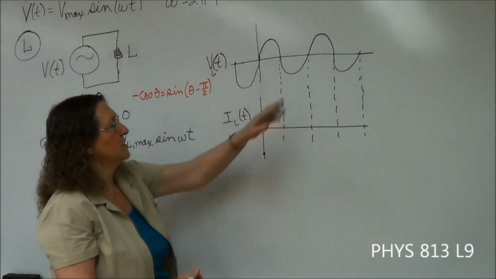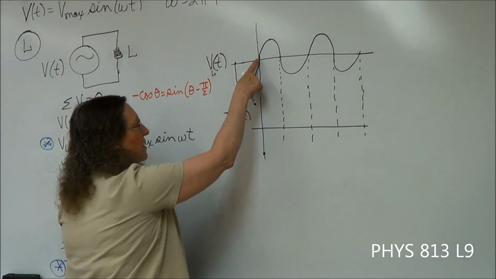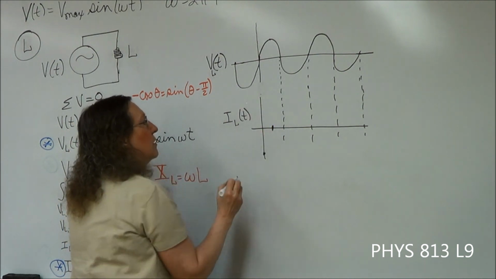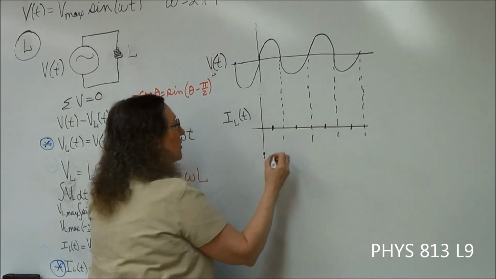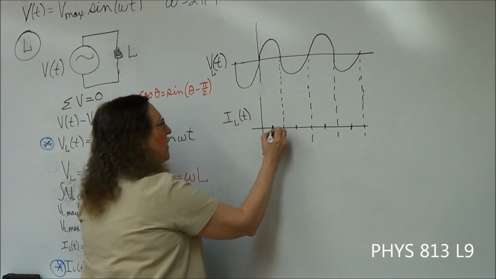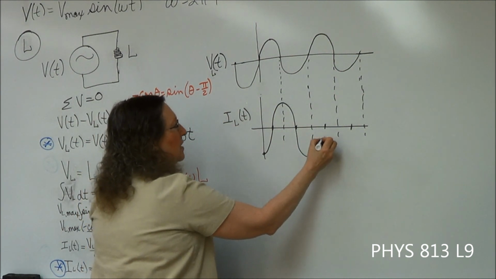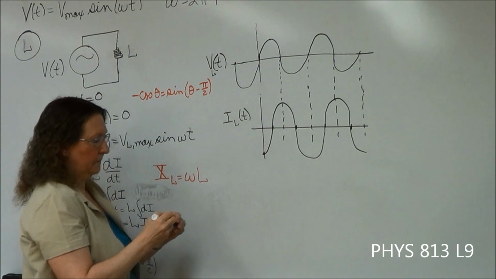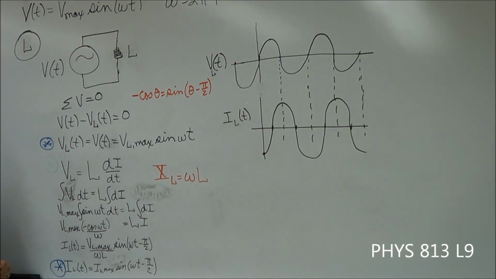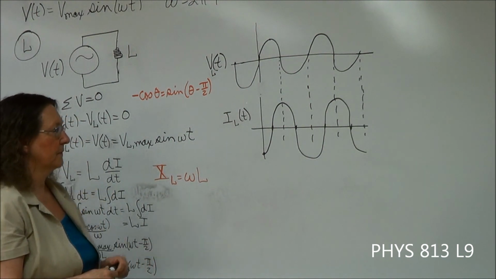So if we shift this to the right, it crosses the axis here, and here, and here, and here. So it goes over and up, and then we have a peak, and then back down through the axis, down, up, down, and over to there. So our current graph looks like this.